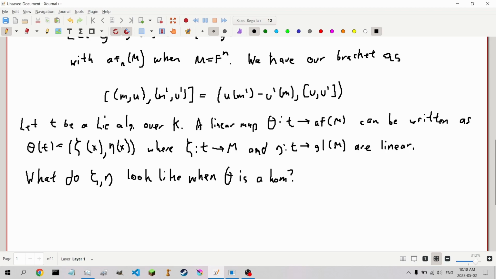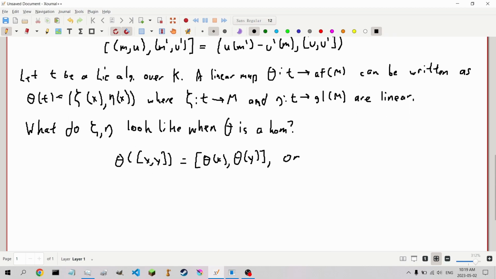But in the case theta is a homomorphism, well, we know it has to interact with the Lie bracket in a very specific way. So we have to get the bracket of theta of x and theta of y. And we can write this using the above formulation.